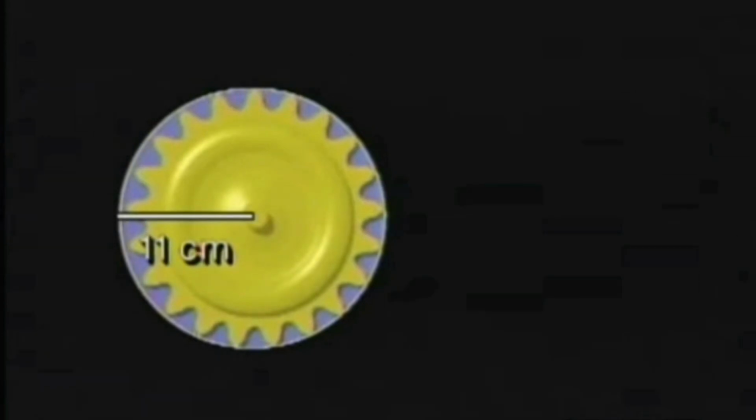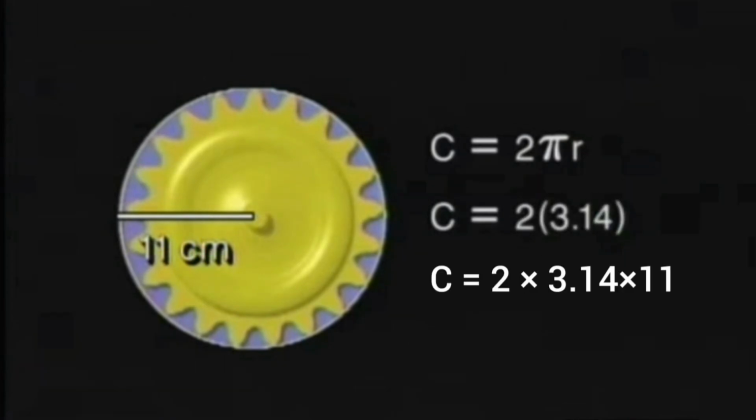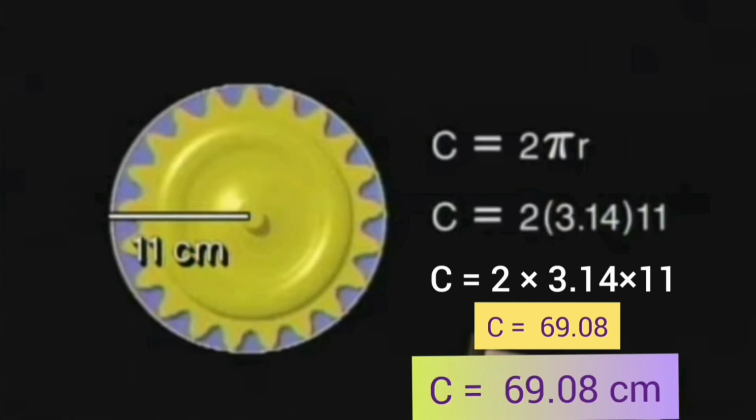Let us find the circumference from the given radius. We have the formula C is equal to 2 pi r. Substitute the value of pi and radius: 2 multiplied by 3.14 multiplied by 11. We get 69.08. So, we can say the circumference of this figure is 69.08 centimeter.